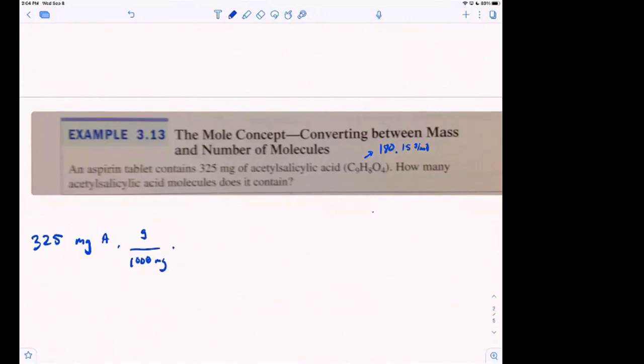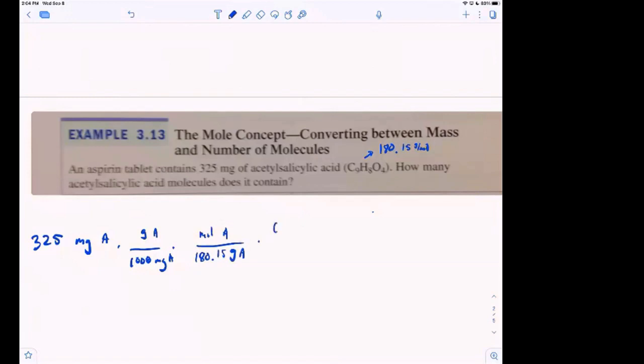So we have mass, and one of the automatic things I should try to have you convert in your head is mass to moles. So grams aspirin, milligrams aspirin. Then you have a mole of aspirin to 180.15 grams of aspirin. And then we're going to have moles of aspirin.